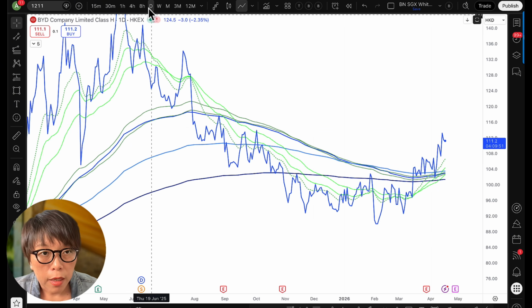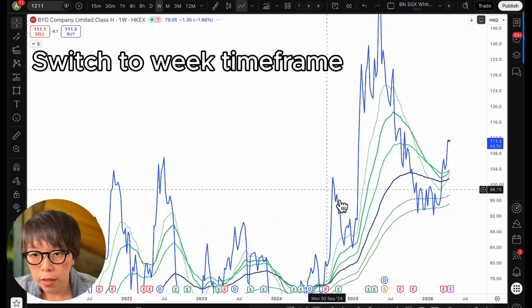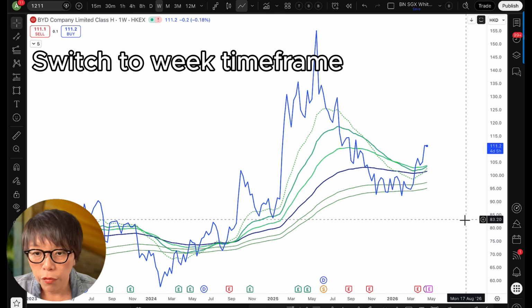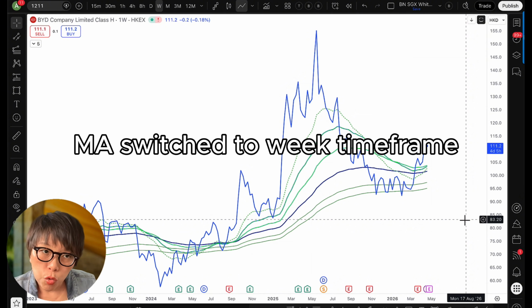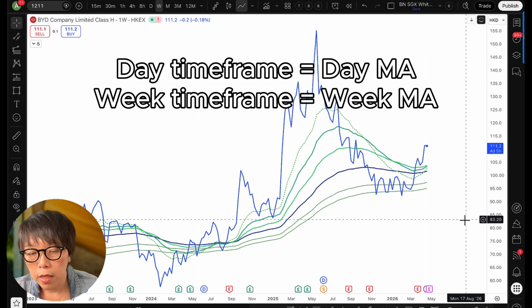And the thing is that if I switch my chart to, let's say, a week, then the moving averages will be different, because the moving average will switch to show weekly price movement. That means that if you house your moving averages in a day time frame, it will show the daily moving average. If you house them in a weekly time frame, then you will show a weekly moving average.